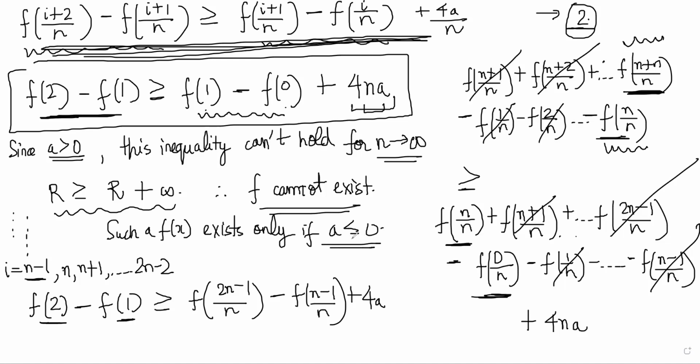We have already seen that for a less than or equal to 0, the inequality was true for the simple function f of x equal to x squared. Now we have shown that for a positive, you end up getting an inequality that does not allow the possibility of any real valued function, right? So that is the conclusion here, that such a function exists only for a less than or equal to 0.